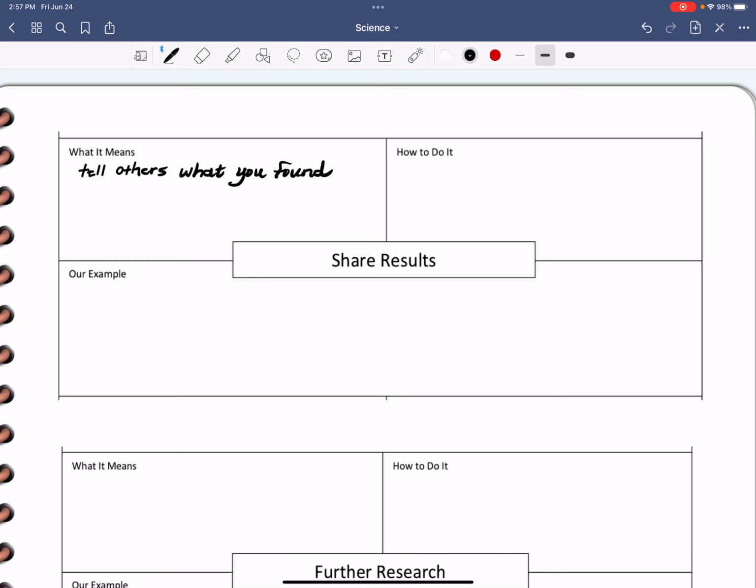Now you can do this by publishing it in a journal. You can publish it in a book. You can do it in lots of ways. A lot of people will publish their experiments so others can read about it. You might present it at a conference.